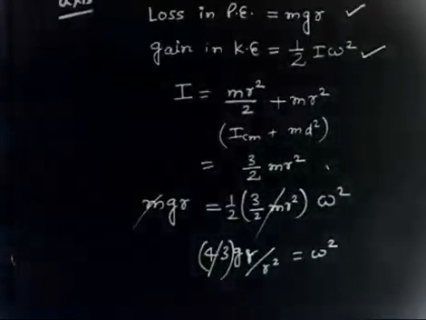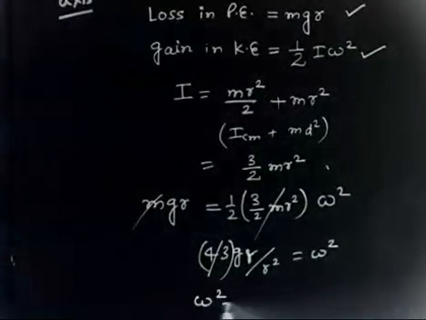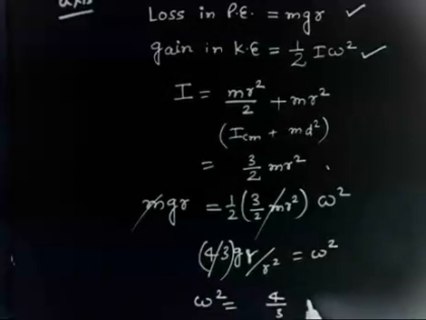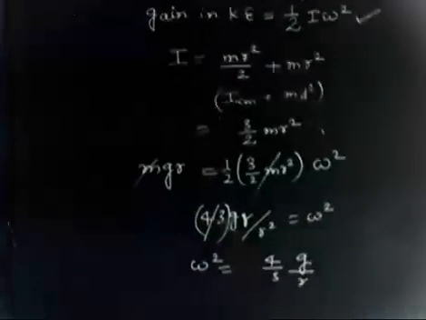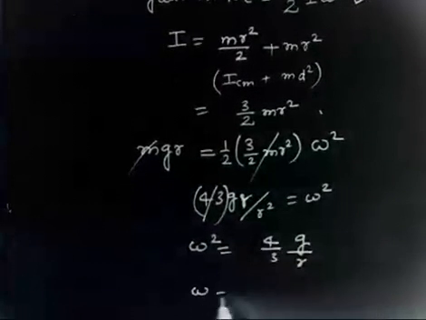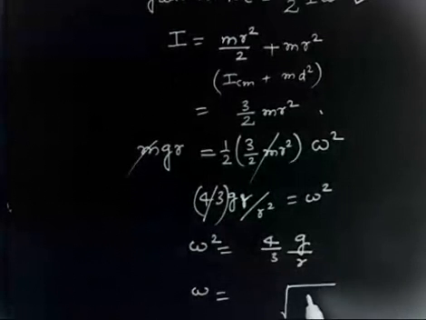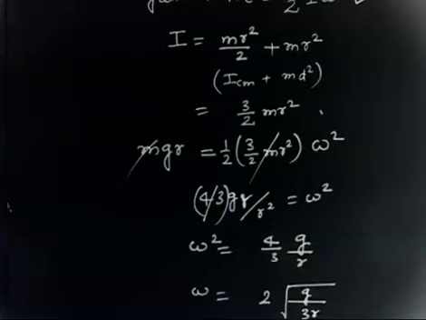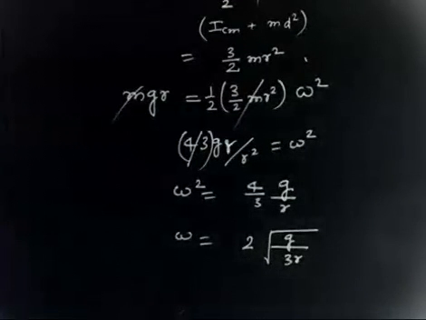So we can also write omega square is equal to 4 by 3 g by r. Are you getting or not? So omega is nothing but under root, 2 let us go outside, g by 3r. So you will get this omega.